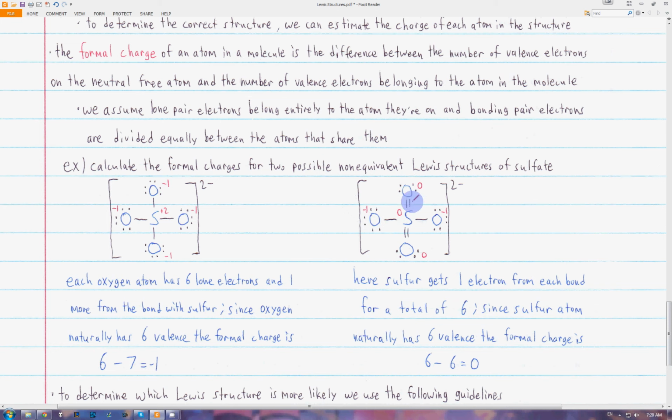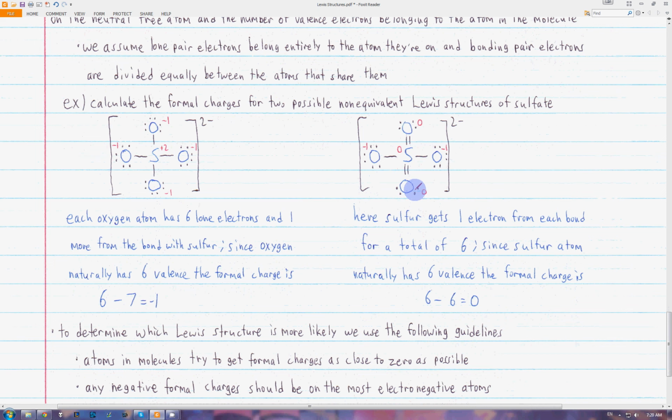And for these oxygens on the top and bottom, they have 2 lone pairs and 2 bonding pairs, so they each have 6 valence electrons belonging to them. So their formal charge is 6 minus 6, or 0. And the sulfur has 6 bonding pairs, so it gets 6 electrons. So its formal charge is also 0.